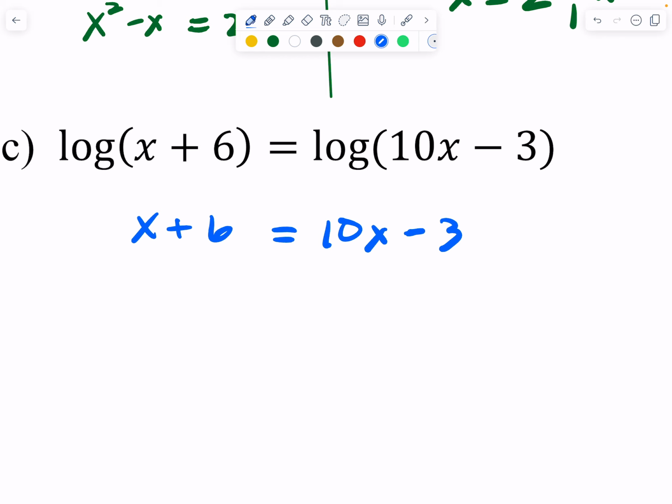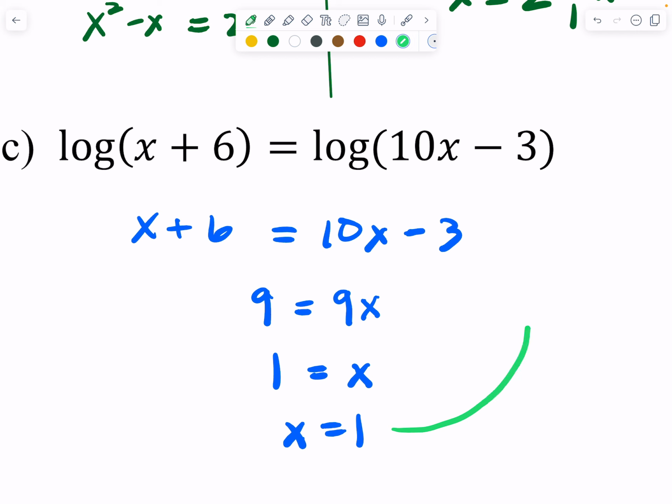So continuing to solve here, this would be 9x equals 9. So we get x equals 1. I'll switch that around. And then we just need to make sure we do a mental check. Now you could technically think about what the domain of each side of the equation is here and think about the intersection, and check for extraneous solutions in that way.